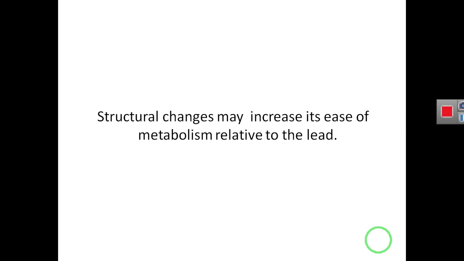But in many cases you can also make the drug unstable. So you can make a drug by drug designing that is easily liable to drug metabolism. In which cases can you make the drug more unstable?